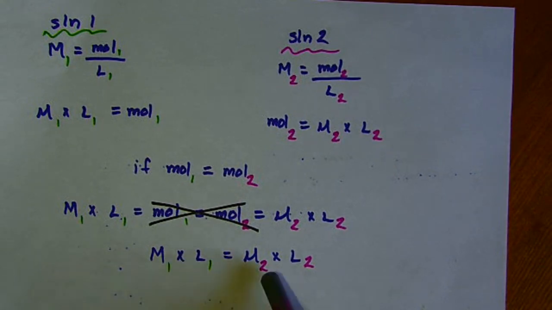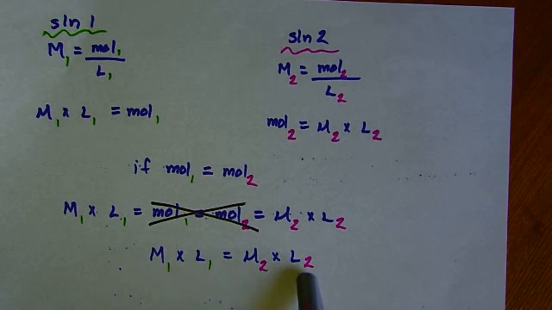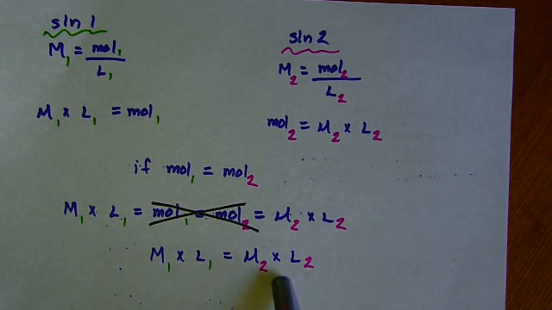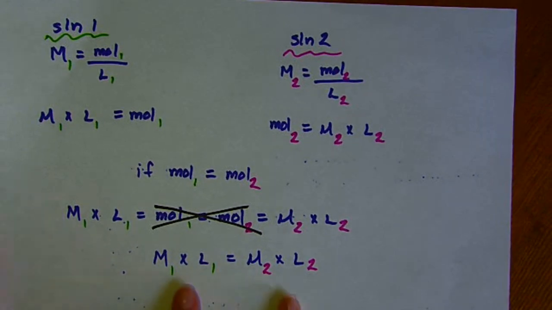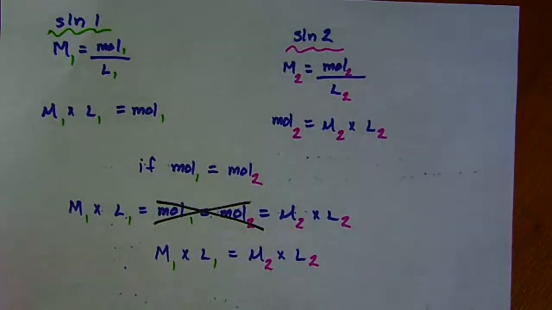It also doesn't matter what your subscripts are. Okay. It doesn't matter if this is A, B, or original and final, or concentrated, dilute. It also doesn't matter which side of the arrow those labels appear on. Okay. This is a really versatile equation.